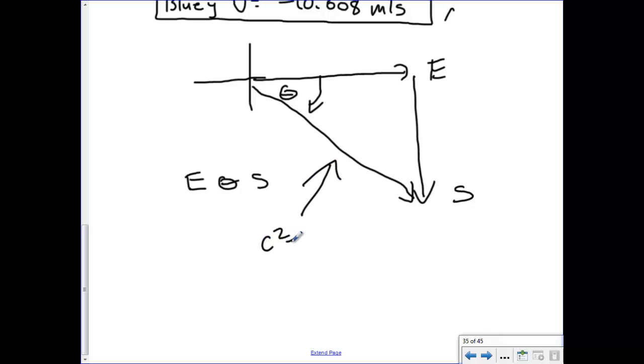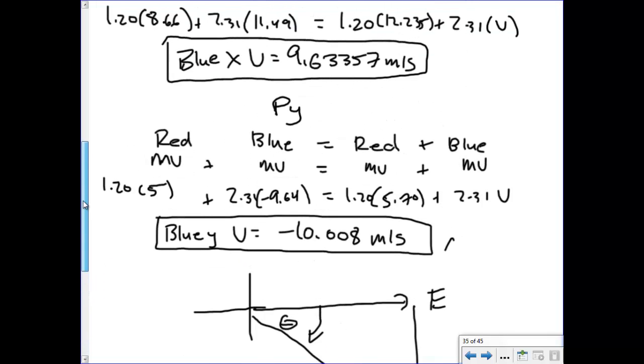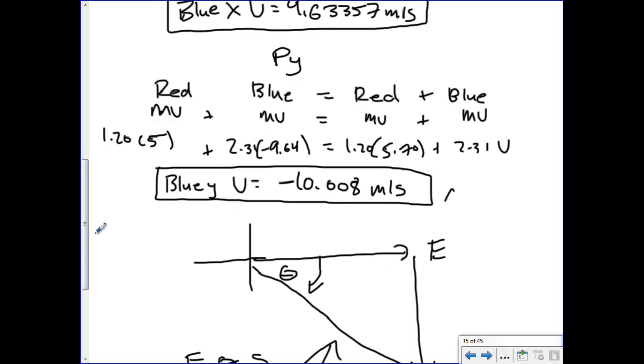So for the hypotenuse, c squared equals a squared plus b squared. So that, well, I better put that in brackets, squared, plus, what was the other one? 963?